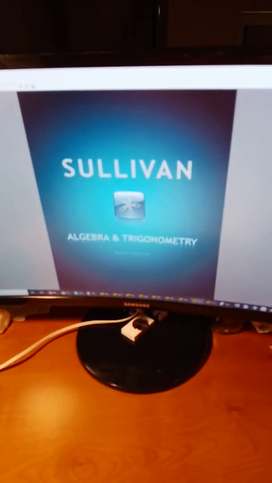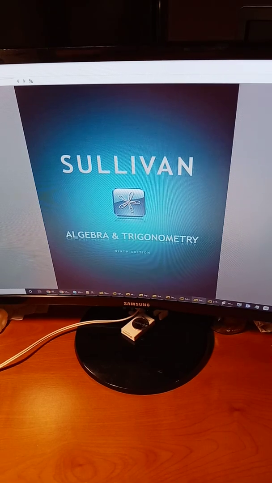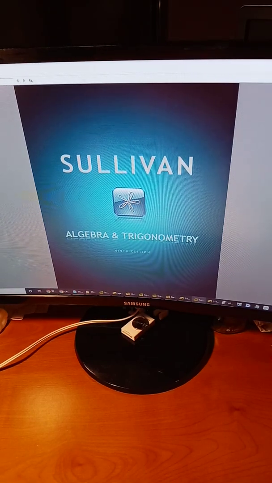Let's see what this is. This is a textbook, Sullivan's Algebra and Trigonometry, 9th edition.